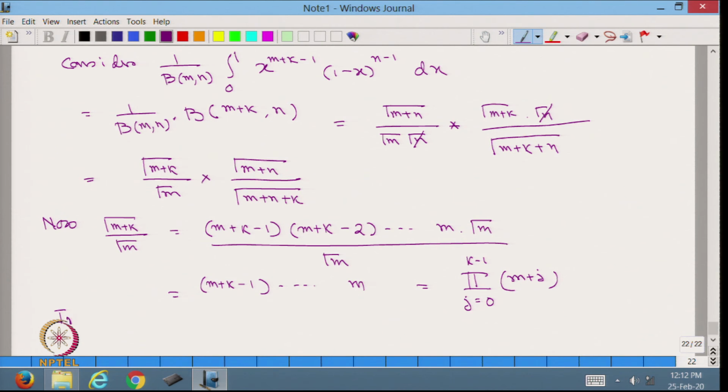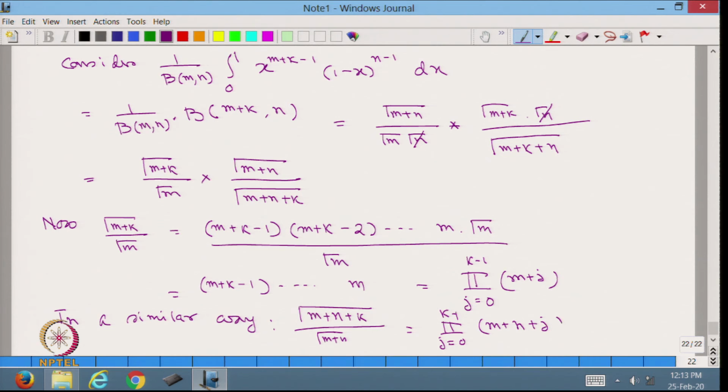In a similar way, Γ(m+n+k)/Γ(m+n) is equal to the product over j from 0 to k-1 of (m+n+j).